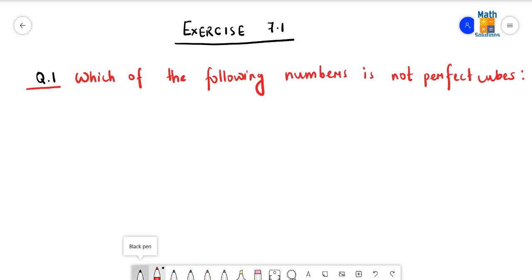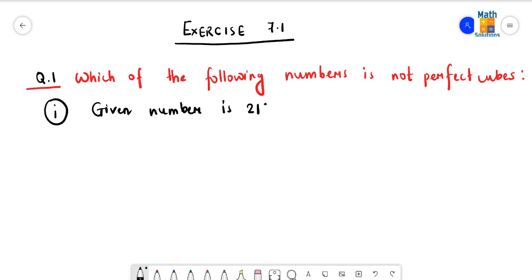So I'm taking the first one. Given number is 216. By prime factorization, all of you know what prime factorization is, because that is already done in the chapter of square and square roots.